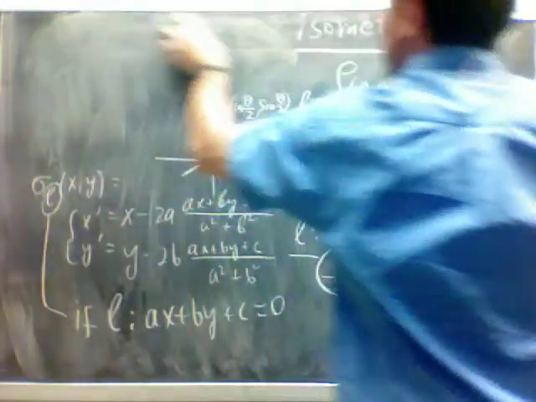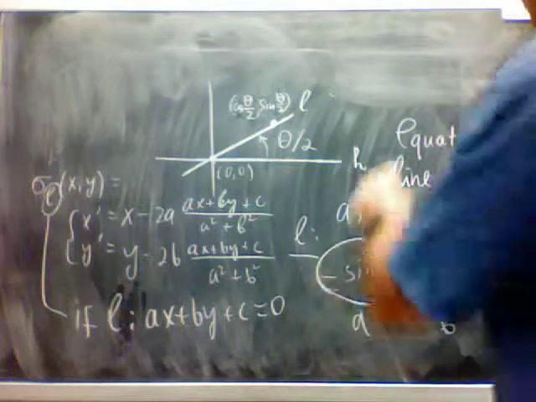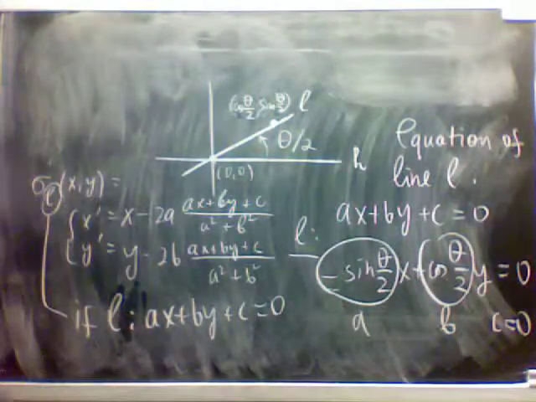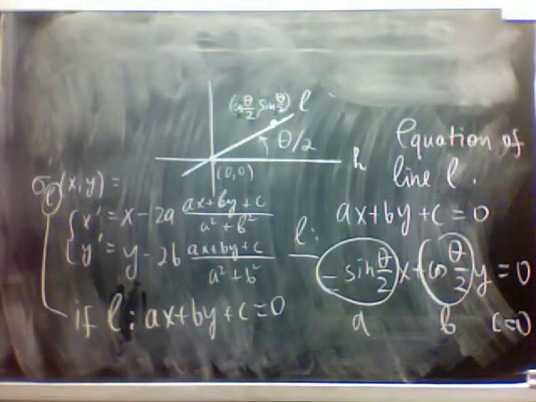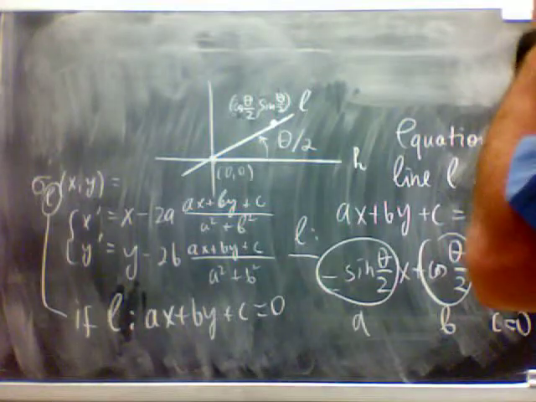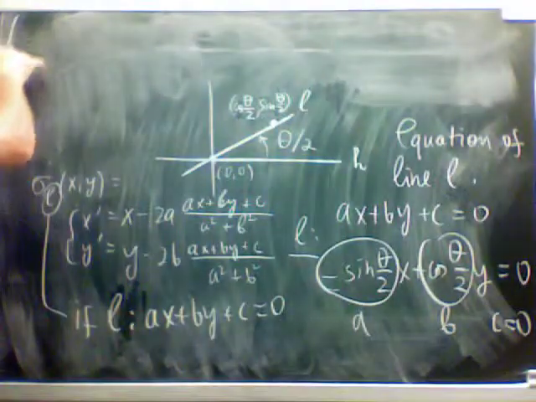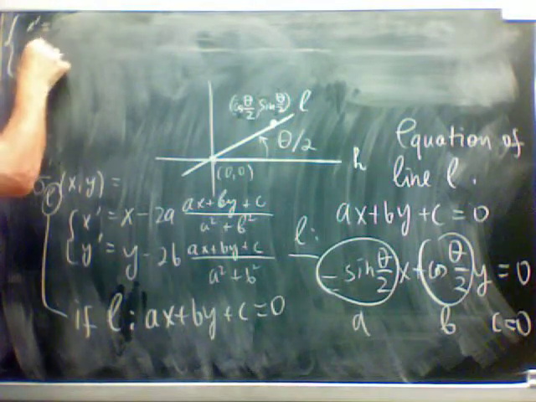So again, good exercises to stop the podcast and figure it out on your own. Come back, and all right, I'll work it out in detail in case you want to check your calculations. So we'll just write x prime equals and y prime equals.